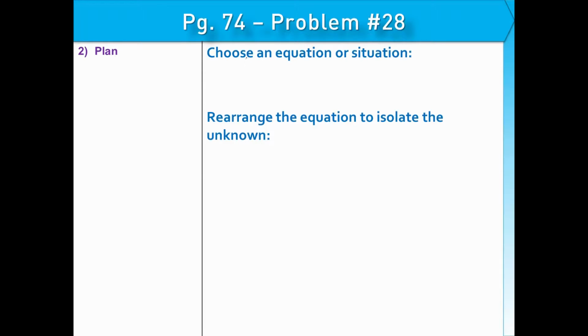So we're going to go ahead and write out the equation that we're going to use. Final velocity squared is equal to initial velocity squared plus 2 times acceleration times the displacement. Since my unknown is displacement, I'm going to have to rearrange the equation. So I'll start down here.